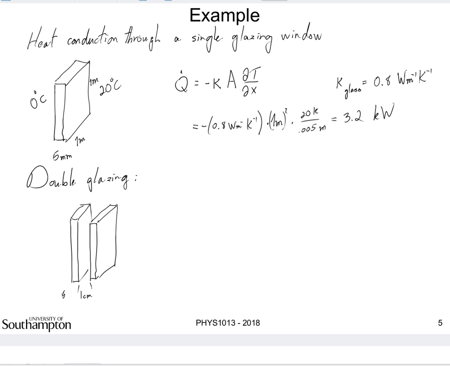Both are still 5 millimeters, and still 1 meter by 1 meter. The only thing you need more now is that the thermal conductivity of air is 0.024 watts per meter per Kelvin. Much lower than glass, right? Which is not that surprising.